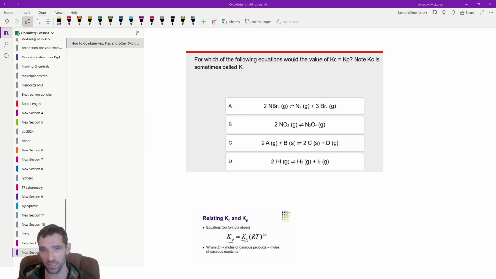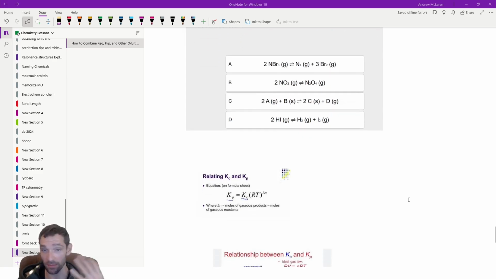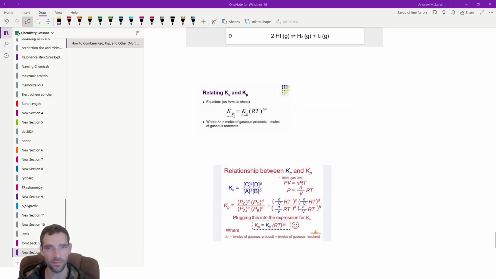This is kind of a weird thing. I just generally think of K as products over reactant. But if you're technically looking at concentration versus pressure, because the units are different, the exact calculated value can be different. So Kp and Kc are related through this RT change in n relationship.